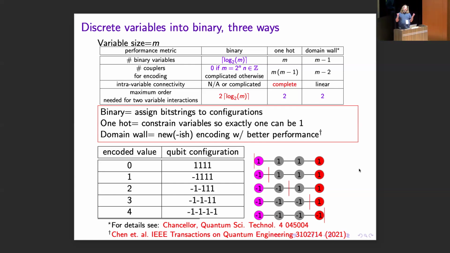Now the key trick here is that you can map arbitrary interactions between the variables to this domain wall encoding. And those interactions are quadratic. You don't need overhead to make higher order terms, otherwise it would kind of be a no-go. One hot is the traditional way to do this, where you constrain a bunch of variables, so only one of them can be 1 and the rest have to be 0.